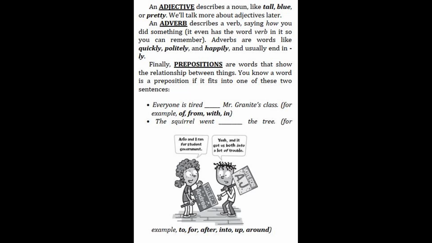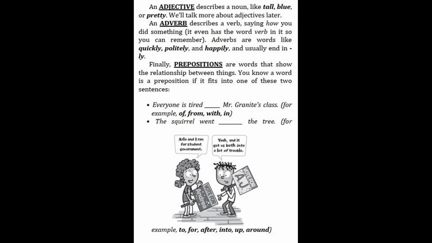An adverb describes a verb, saying how you did something. It even has the word verb in it so you can remember. Adverbs are words like quickly, politely, and happily, and usually end in ly. Finally, prepositions are words that show the relationship between things.